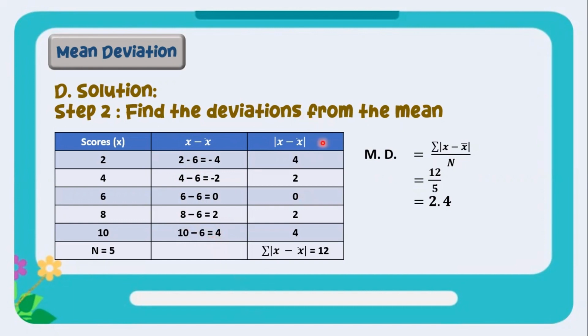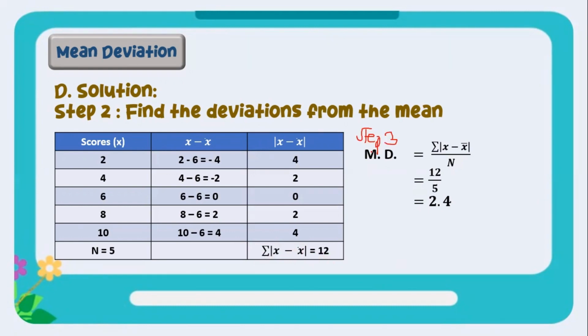In the third column, we get the absolute deviations from the mean. So our negative 4 becomes 4, and our negative 2 becomes 2, and so on. Then in the last row, we get the summation of the absolute deviations from the mean, which is equal to 12.